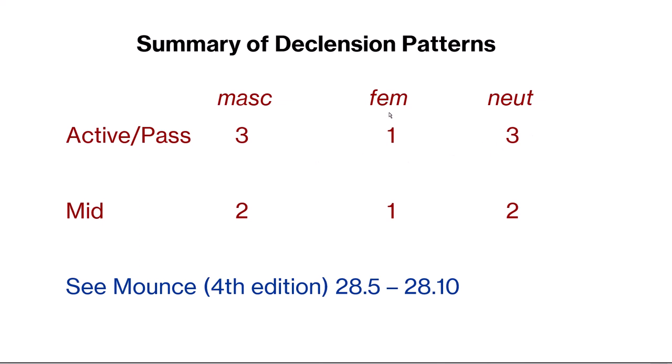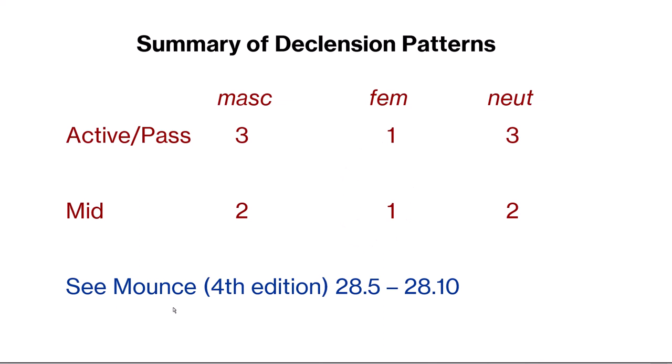For the feminines, in all the voices, we're going to see first declension. For the middles, for the masculine and the neuter, we're going to see second declension, similar to what we saw for the present tense. For middle passive, this is just middle, second declension, and then feminine will be first declension. Again, all voices are first declension for feminine.